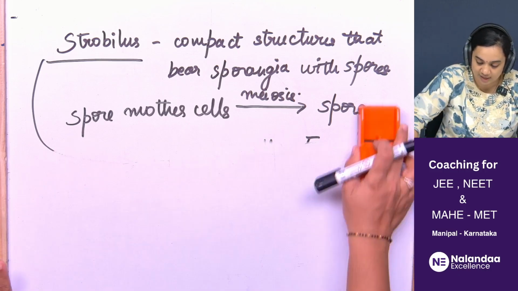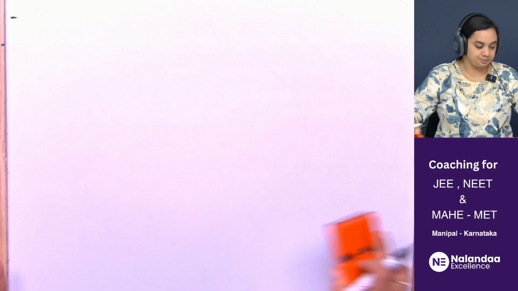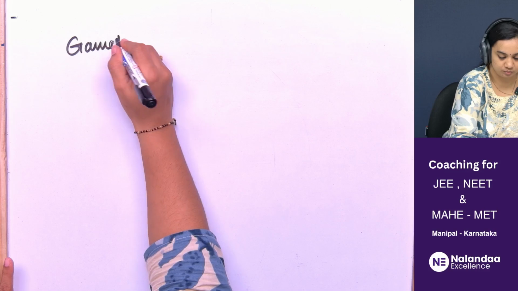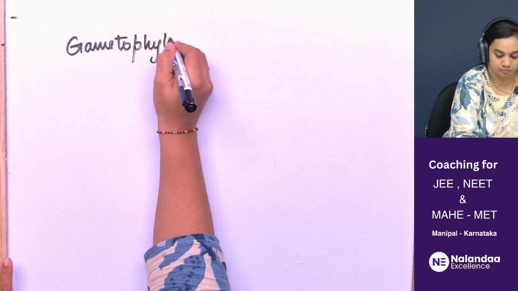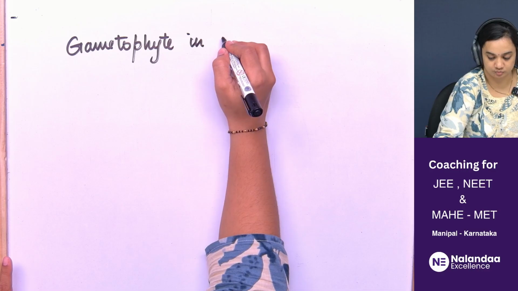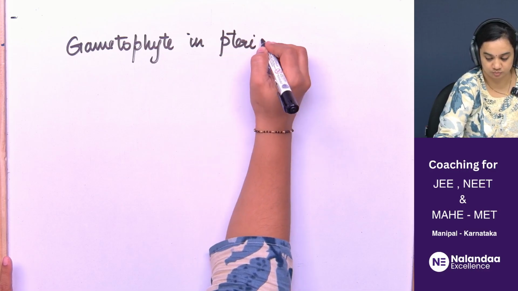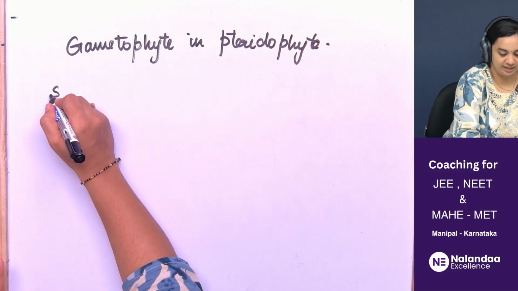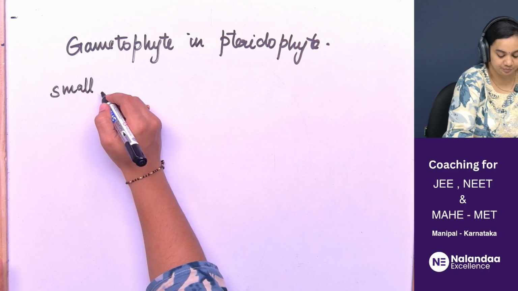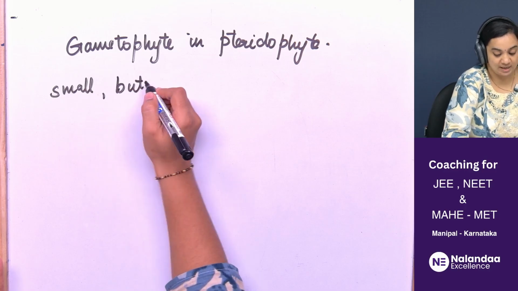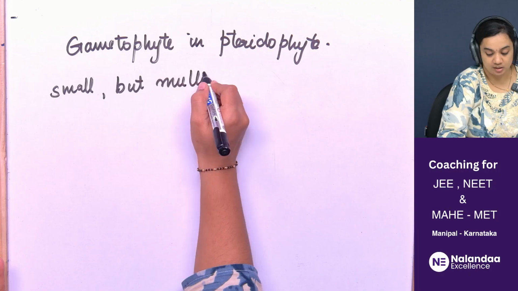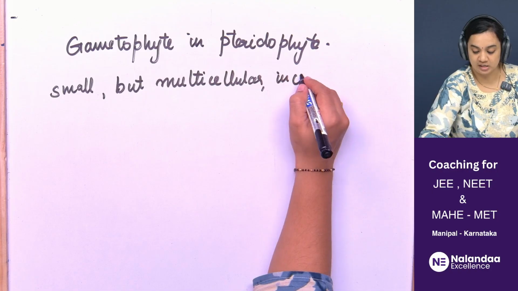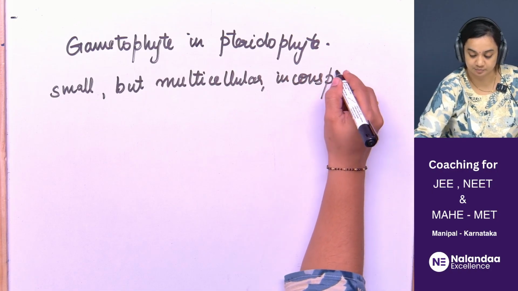So let's see what the gametophyte is like in pteridophytes. The gametophyte in pteridophyte is small but multicellular, inconspicuous.